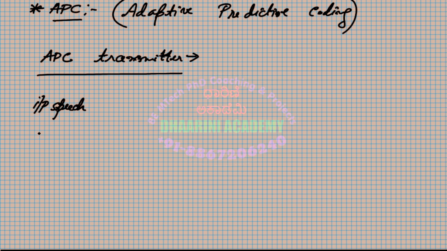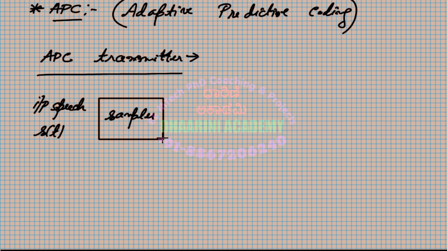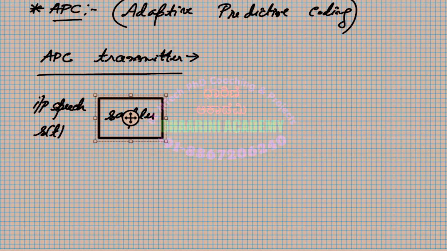Let us say we have the input speech. Maybe we'll denote that as S of t. This is given to a first circuit. The circuit will perform the sampling of the speech, so this is a speech sampler block. We already know that the sampler will convert the analog version into the discretized version.